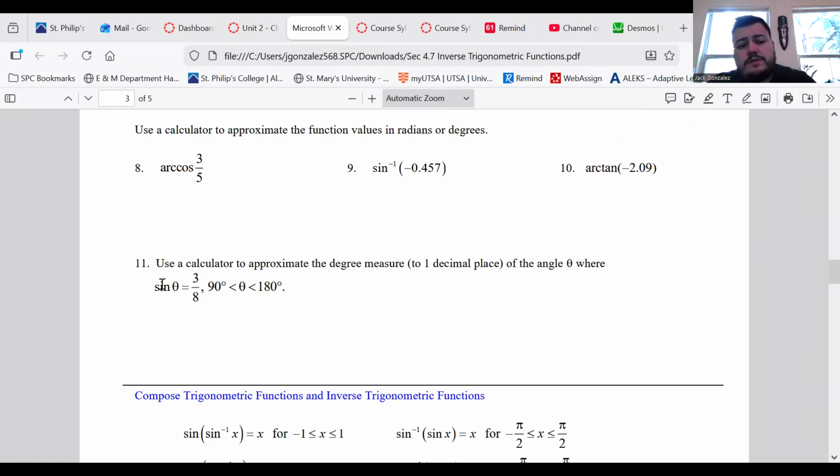So I'm going to go ahead and call this example 5 because 8, 9, and 10 don't really need to be written down. It's just a calculated question. 11 has some paperwork and then calculator.